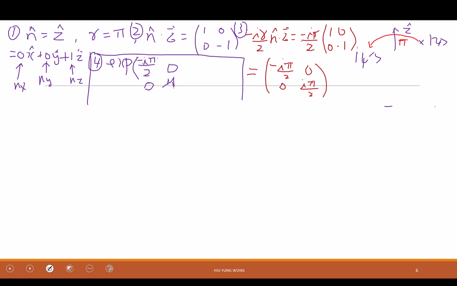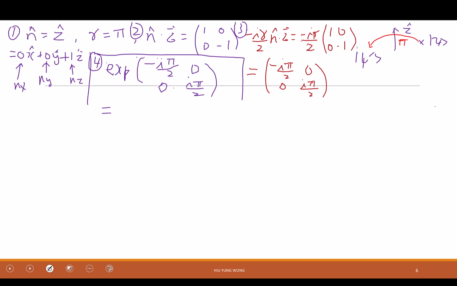That's wrong. I don't know why it is broken. If I can just use this one. So negative I pi divided by 2, 0, 0, I pi divided by 2. What is this? Do you know?